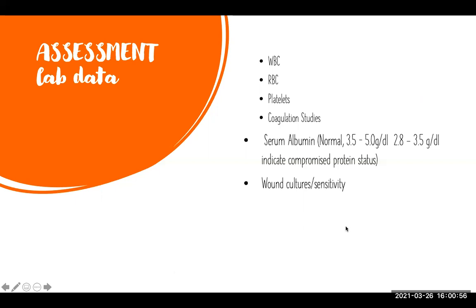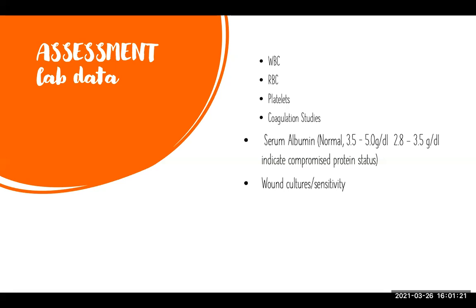The albumin level is important to pay attention to because it is going to give us an overall indicator of how well they may heal or create new tissue or new protein. Albumin is just a protein factor in our body. The magic number to remember is 3.5.